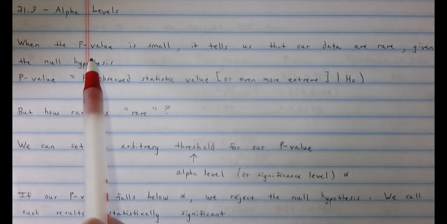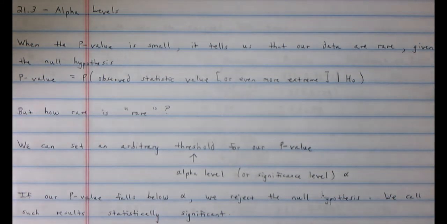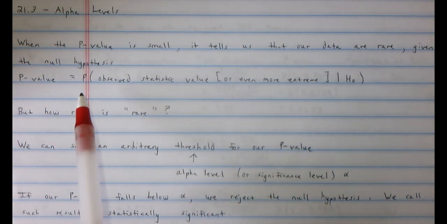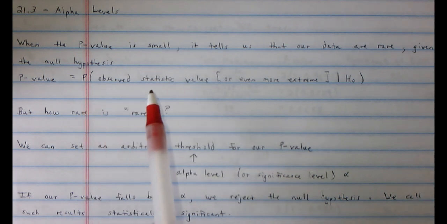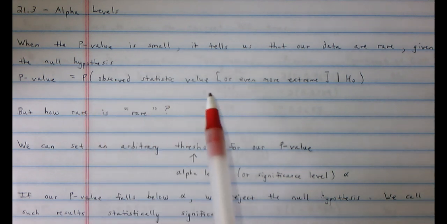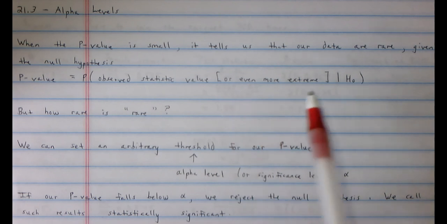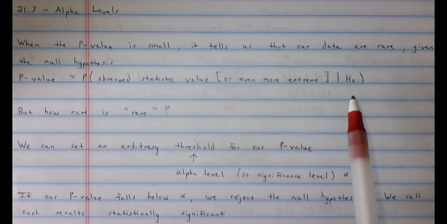Recall, when the p-value is small, it tells us that our data from the sample are rare given the null hypothesis. So a p-value is a conditional probability. It's the probability of the observed statistic value, or one even more extreme, given the null hypothesis.